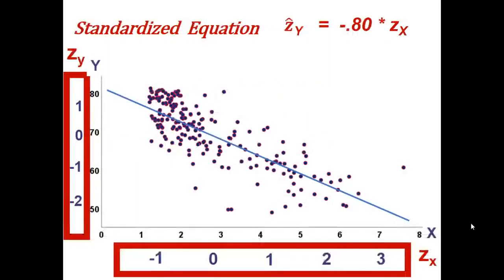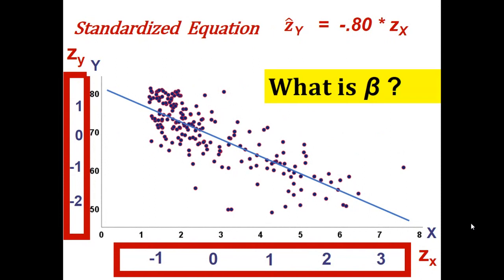So now we're ready to learn two essential facts about the standardized regression equation. I actually think they are super cool. So here's the regression line we've been working with and its standardized equation. And I have two questions for you. Here's the first question.